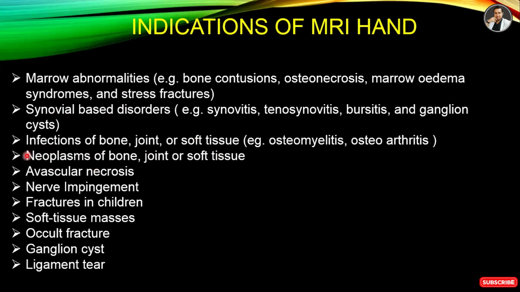Neoplasm means tumor. Also avascular necrosis, nerve impingement, fracture in child, tendons, soft tissue muscles, occult fracture, ganglion cyst, ligament tear. These are the common indications for the hand.